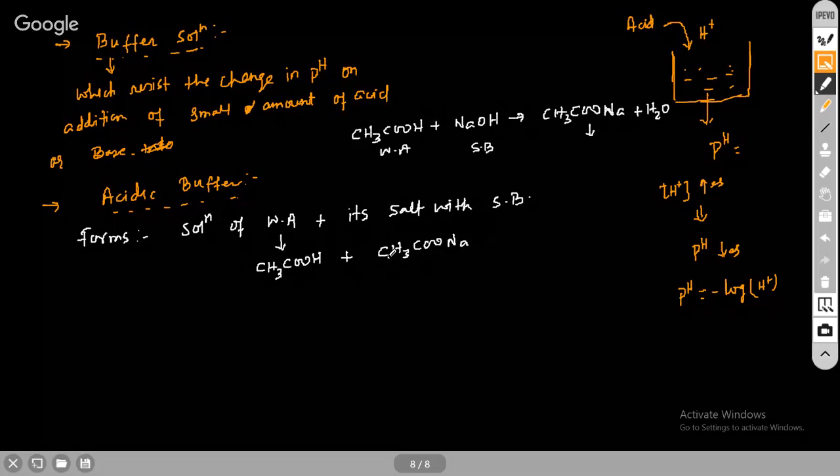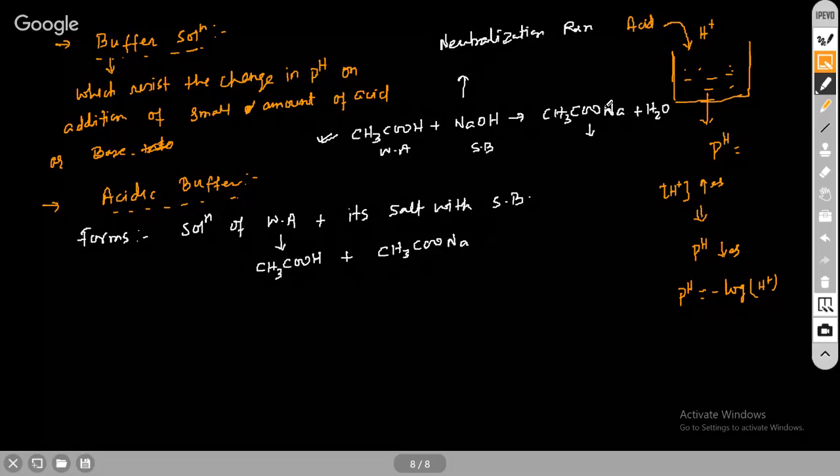Okay. Now the point is, you consider this reaction here. This is a neutralization reaction. Acid and base give salt plus water.